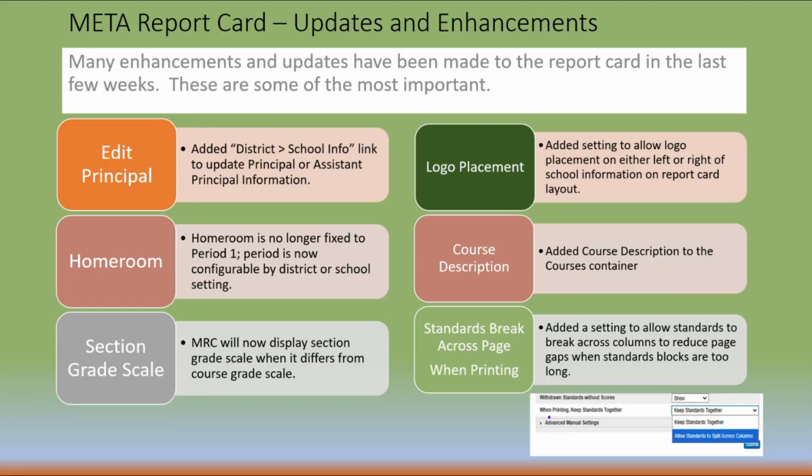It'll move the rest to column 2 and then break across the page. So that could make your printing report card smaller. It's just another way to work with your standards. So that is new, and it's a really nice customization.